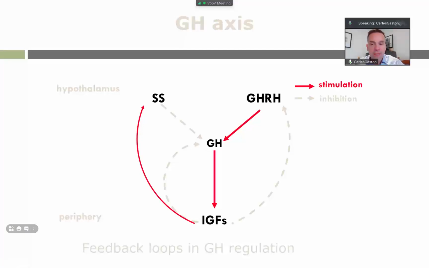We will enter a little bit more into the negative and positive feedback loops when we do the different axes. This is just to show you that levels of hormones have a negative regulation on their own production, or in the somatostatin pathway. When we do the growth hormone axis, we will enter into the biochemistry of each one of these feedback loops.